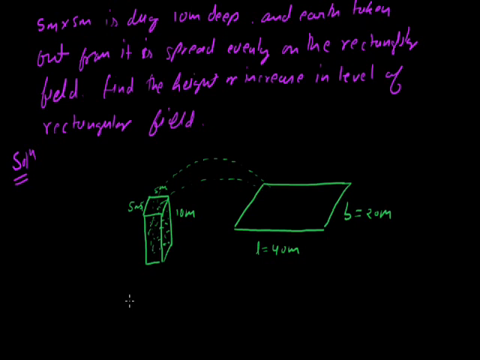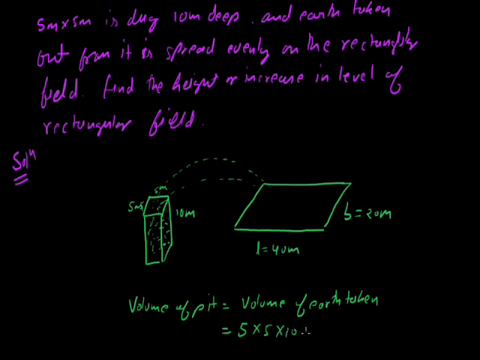That is nothing but the volume of the pit. Volume of the pit gives us the volume of earth taken out, and the pit is nothing but a cuboid having length 5, breadth 5, and height 10. So 5 into 5 into 10 meter cubed. This much earth is taken out from this pit.